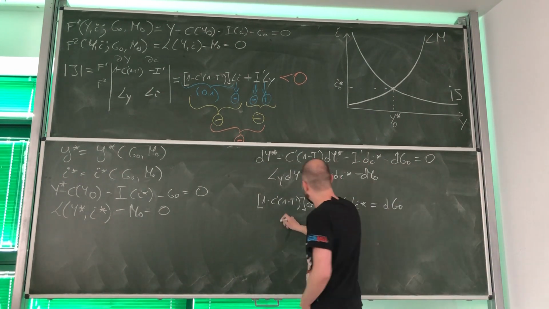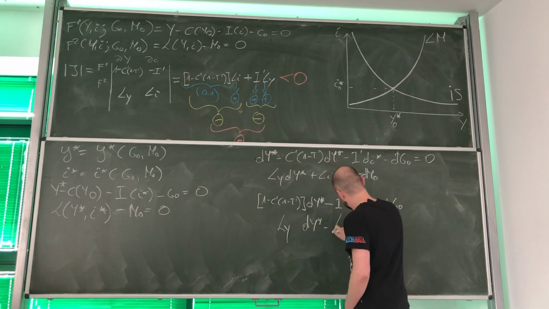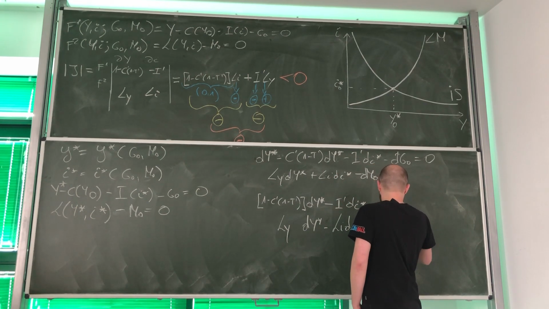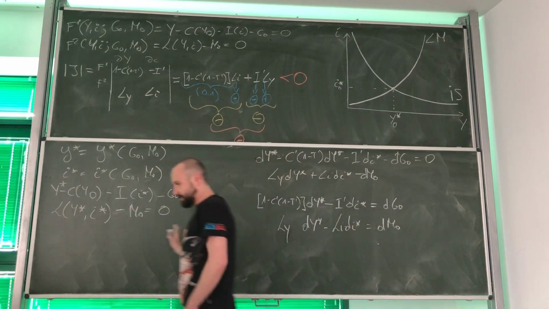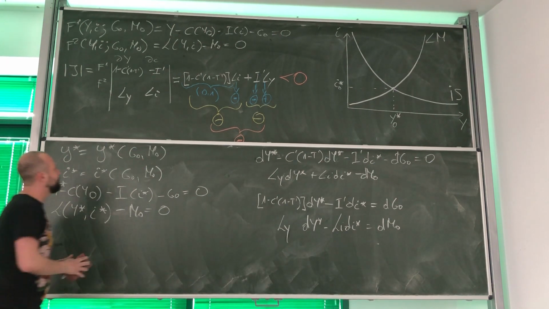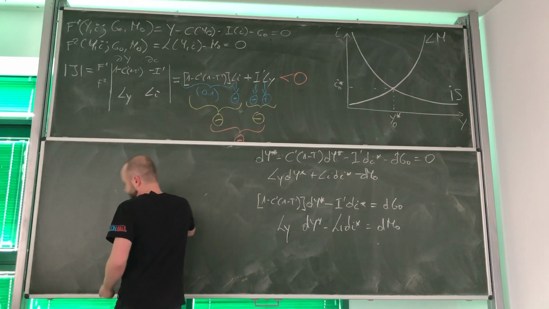And over here I've got Ly dy plus Li di equals to dm0. And this is something that we can actually put into a matrix notation.